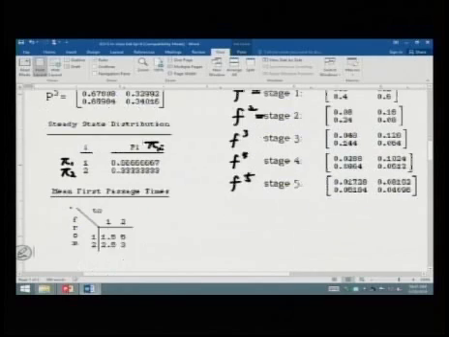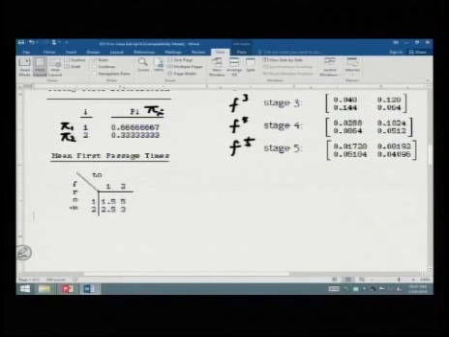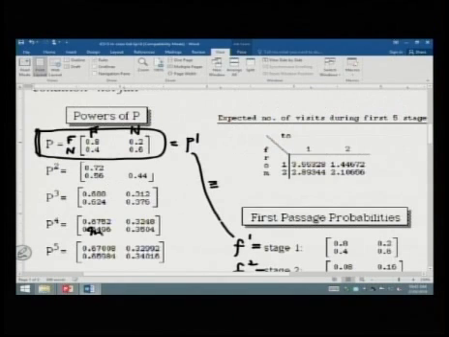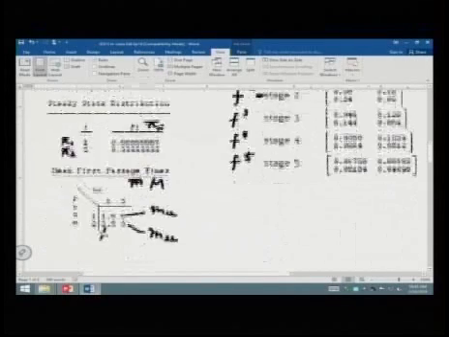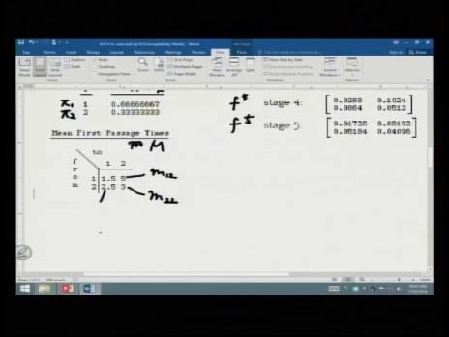Also, I provide you the mean first passage time. So these are the M matrix, okay? And this value is, for example, M12. This is M22, right? I'm sorry, this is M21.